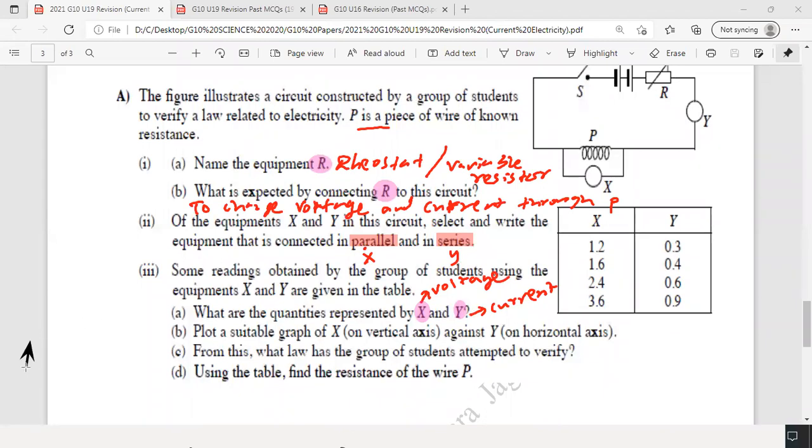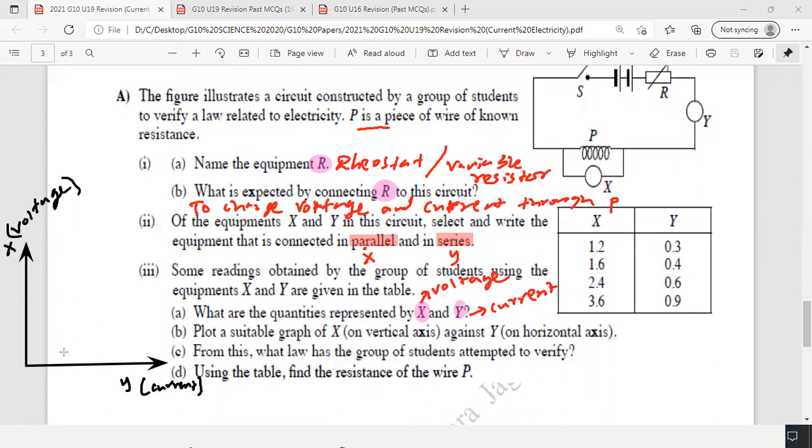So on the y-axis I'll write voltage, in other words the reading of X. Here the value of Y means current flowing through the coil, that is current on the horizontal axis.